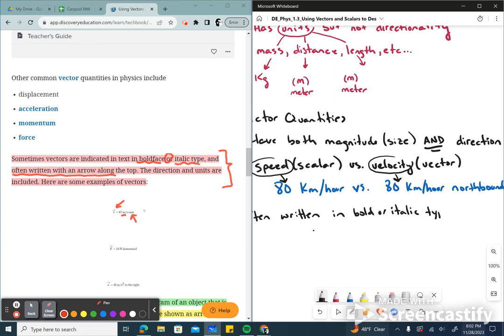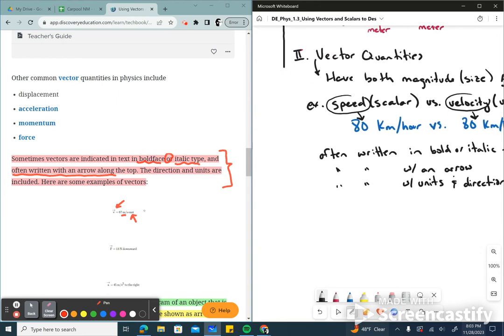Bold or italic type, often written with an arrow. Often written with units and direction.